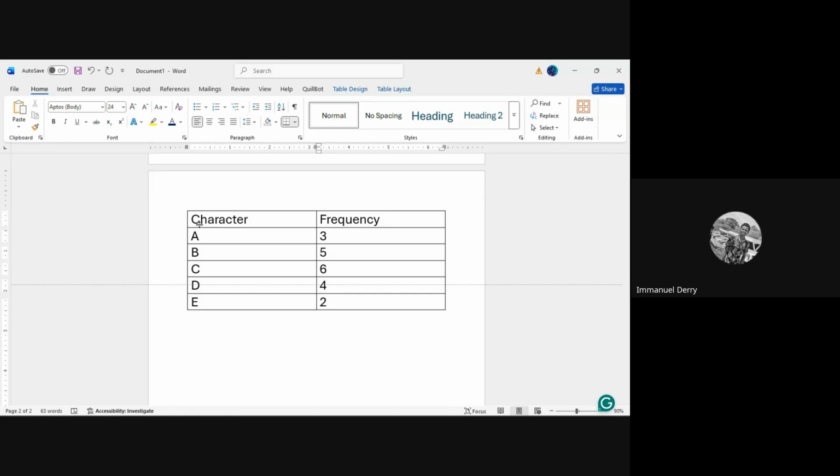So this is the frequency table that we have built, right?